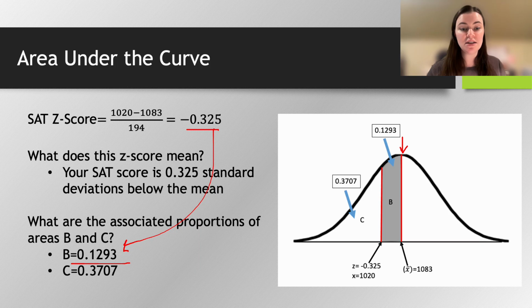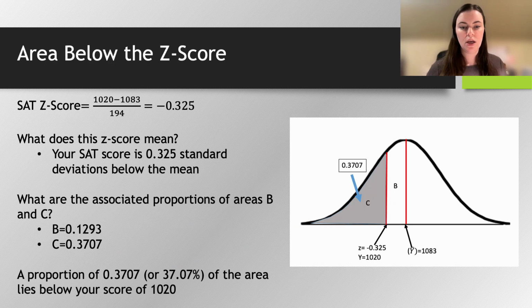The area beyond my z-score was a proportion value of 0.3707. But again, what do these proportions actually mean within context? Well, the area below our z-score, in this case area C, is going to tell us the percentage of individuals who scored worse than us on the SAT.